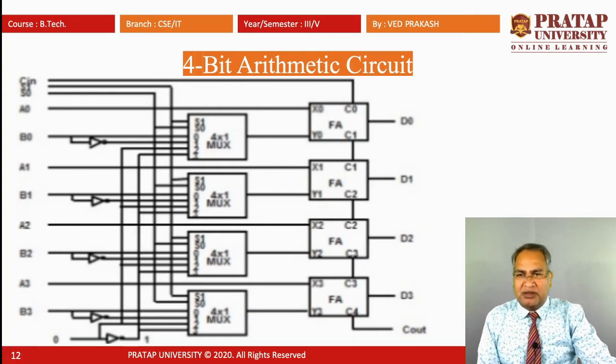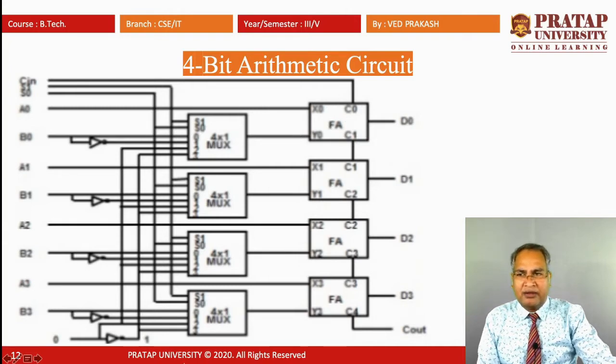So this multiplexer is also known as a 4x1 multiplexer, because we know the principle of the multiplexer works on multiple inputs and one output. The number of inputs is 4 and the output produced by the multiplexer is 1. Due to this reason, it is known as a 4x1 multiplexer. The next component is the full adder, and we know that a full adder basically has 3 inputs.